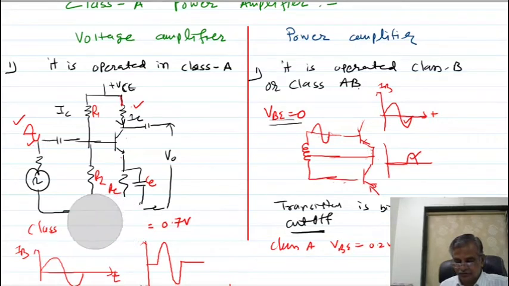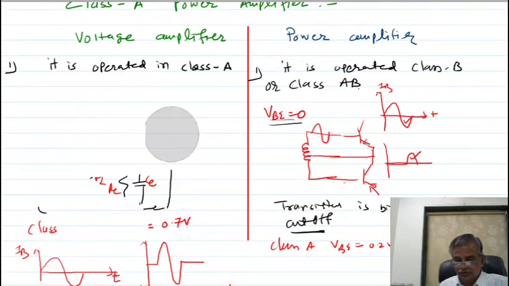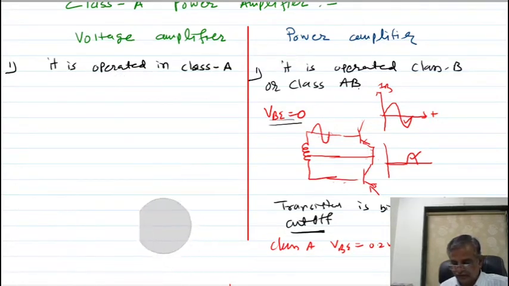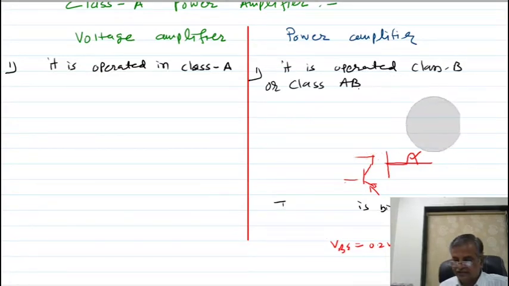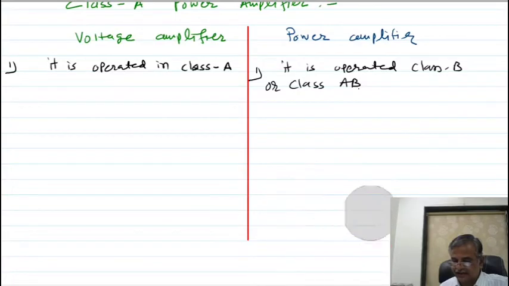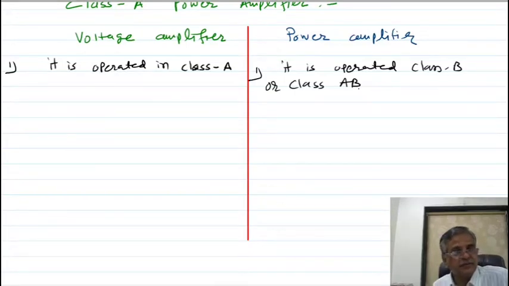So you know, in a voltage amplifier your transistor is operated in class A mode. In a power amplifier, the transistor is operated in class B or class AB mode. First difference I am telling.